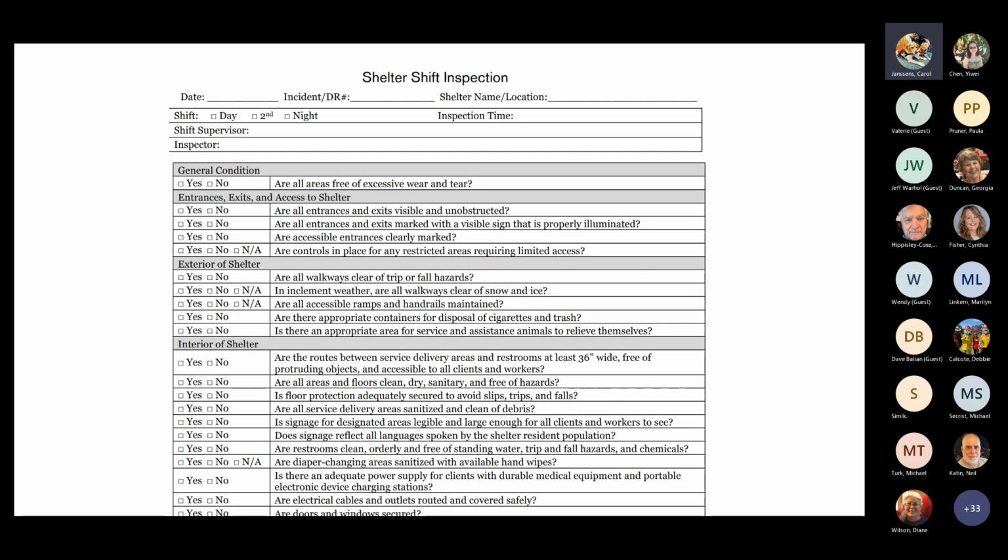It's supposed to be done on every shift. I'll be honest, I'm good if I get it done once a day, but it should be done on every shift. And we want to find out about damage if we notice there's damage that wasn't there the day before.